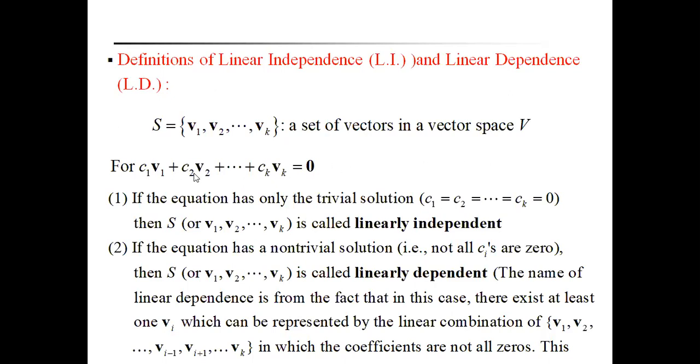For that, we write the linear combination taking the scalars: C1 V1 plus C2 V2 plus so on, Ck Vk is equal to 0.